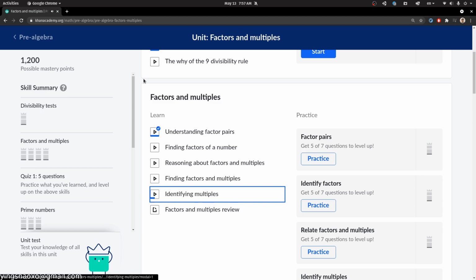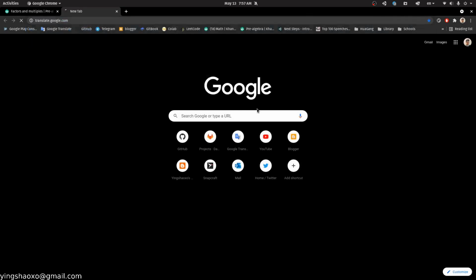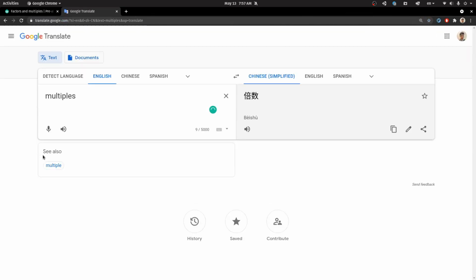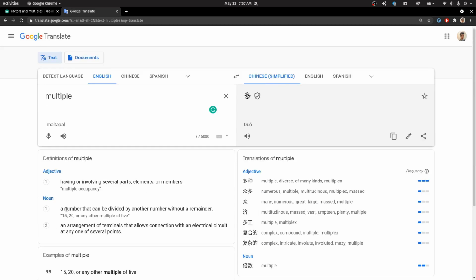Let's do another example. Okay, that still doesn't answer the question of what is a multiple. Multiples: a number that can be divided by another number without a remainder. A multiple is a number that can be divided by another number without a remainder. Okay, did you understand this?